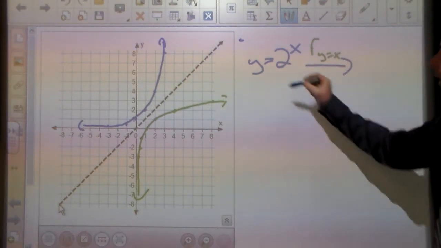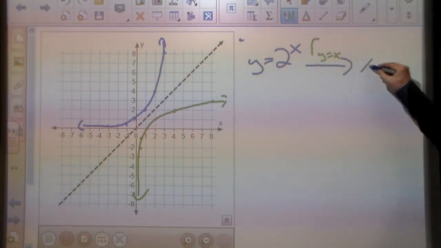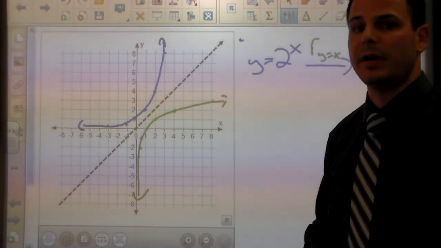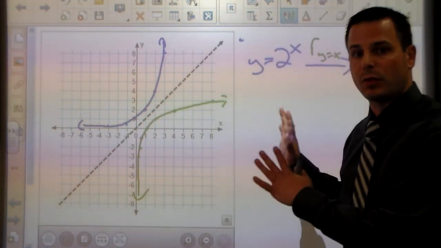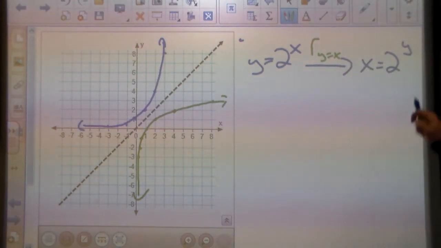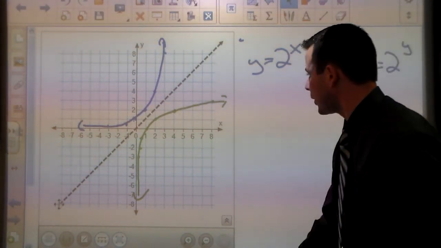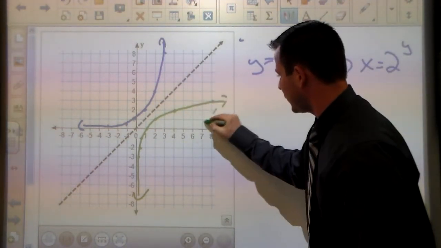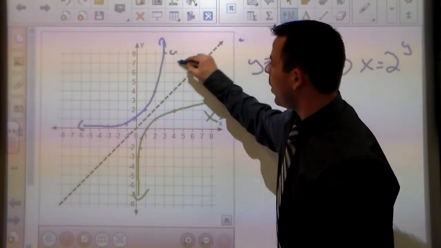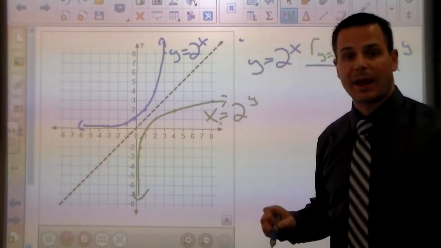We're going to switch x and y. Not y equals 2 to the x, but x equals 2 to the y. Now typically when you find an inverse, you have to solve for y. We do not have a tool for that yet. That's in a couple days. For now, the equation is x equals 2 to the y power. So that's how I'm going to write this. This is x equals 2 to the y power. And this is y equals 2 to the x power.